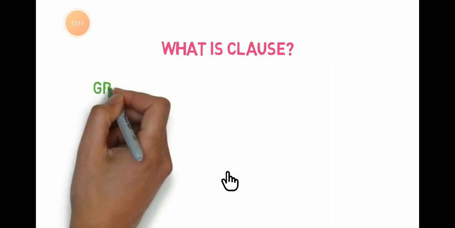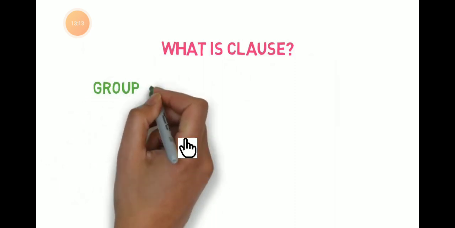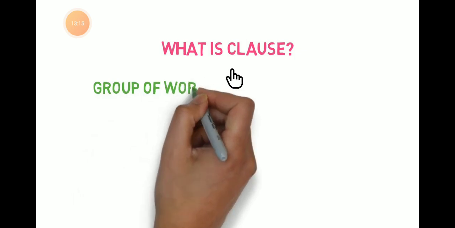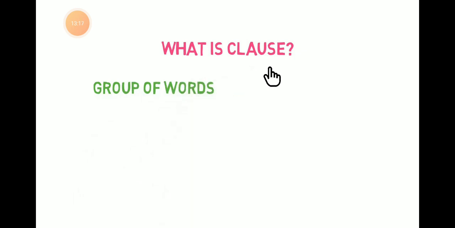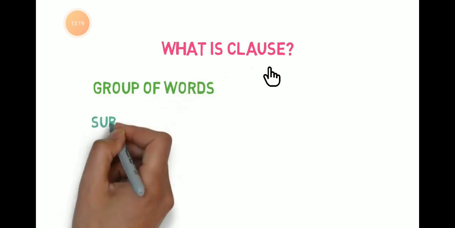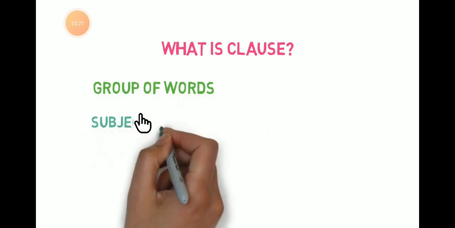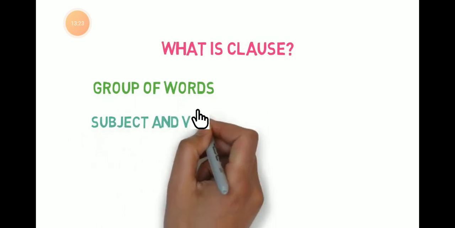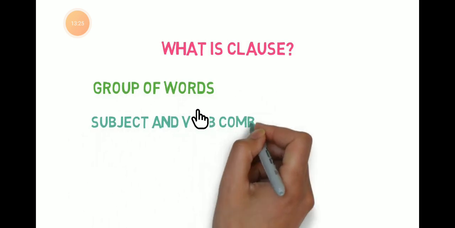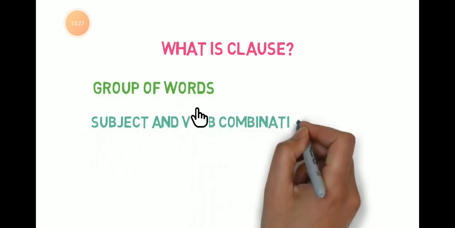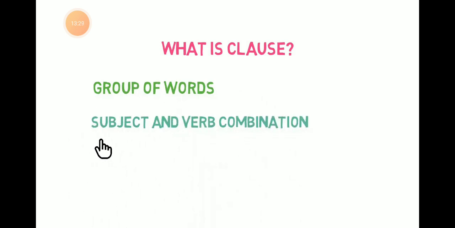Now students, let's begin. What is a clause? In the previous slide, what we have learned is that a clause is a group of words which help us to form a sentence. Another point: it is a subject and verb combination.